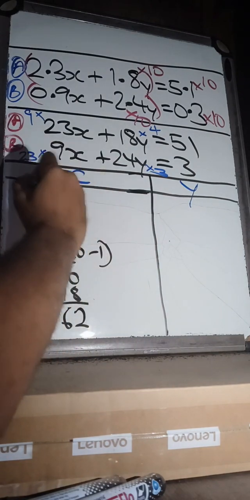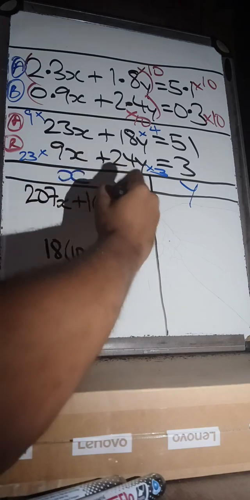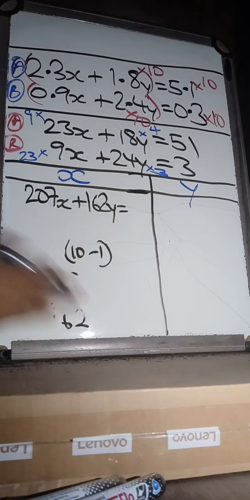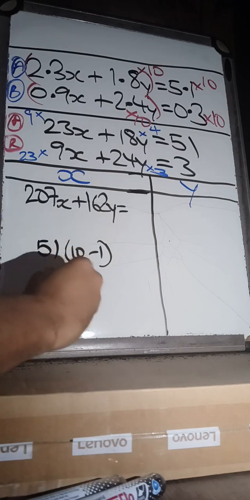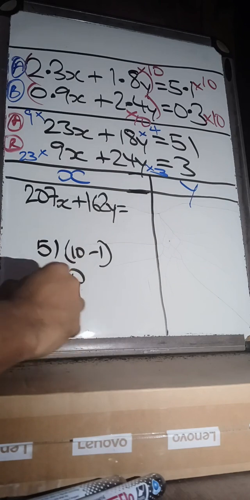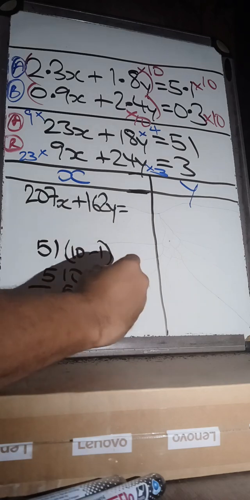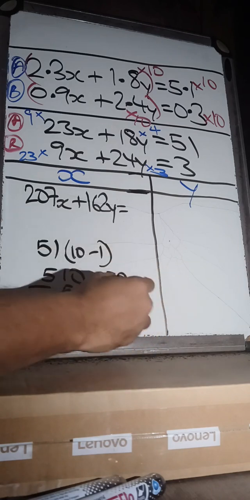So 207x plus 162y equal what, 51 times 9? So that means this will be 500 minus 41.